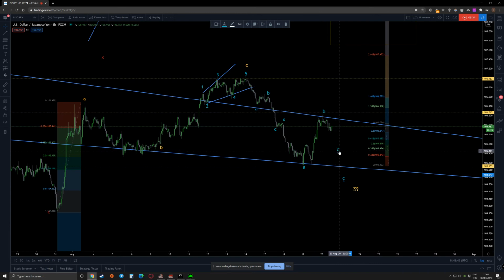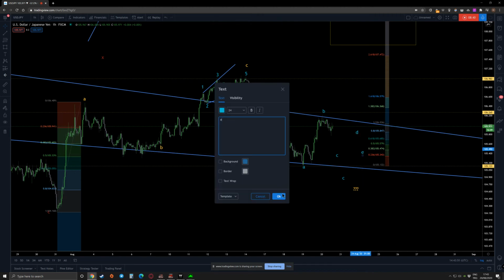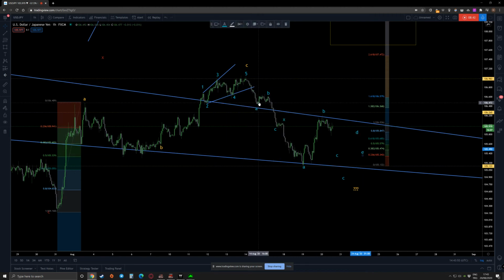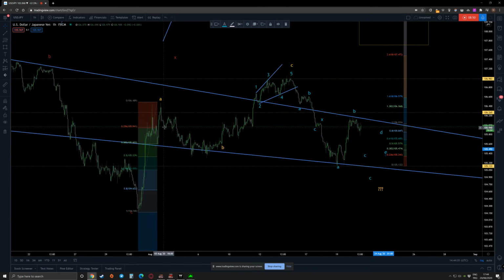Or let's see if we have a C wave and then some type of D wave and then an E wave, then it will be a triangle, then it will be this ABCX, ABCD. It will be a combination, a double combination to be precise, and then that will probably be the end of this degree, whatever it is here, and then we will start.